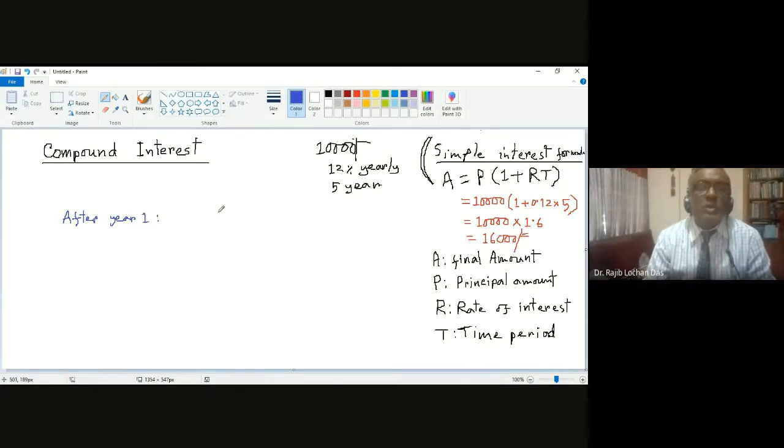You are getting 10,000 plus 12% of 10,000. This is happening after 1 year. Do you understand what I am saying? So what is the amount after 1 year? The same answer will come. It is 11,200. Is that okay?